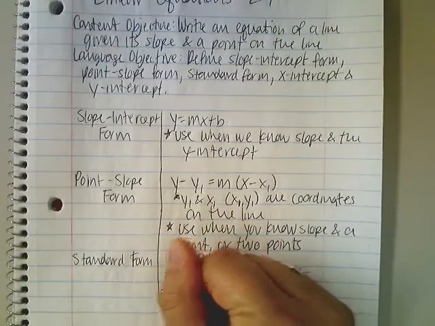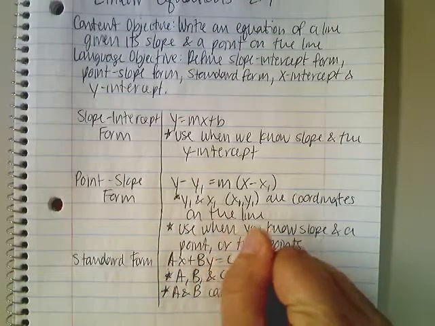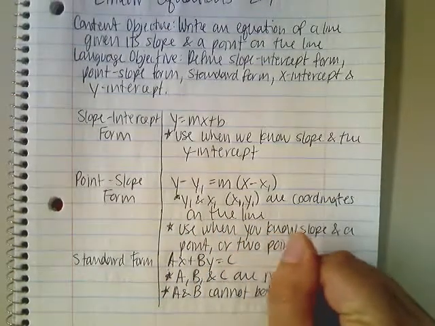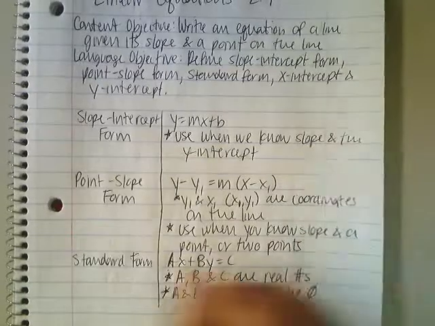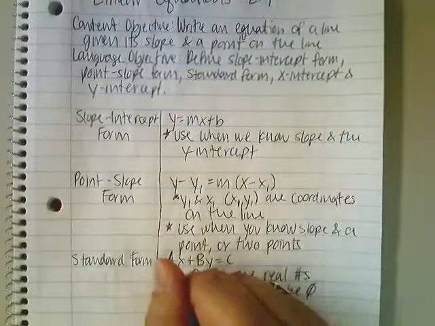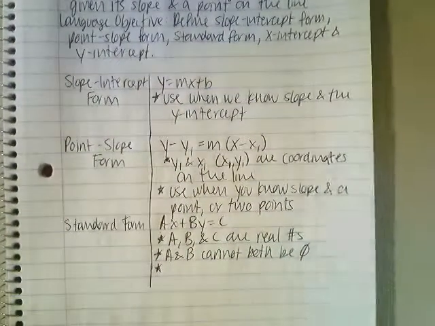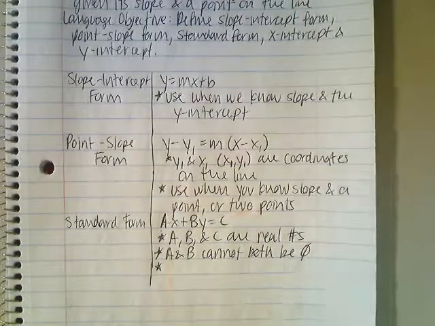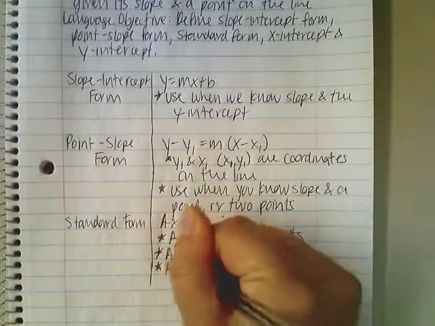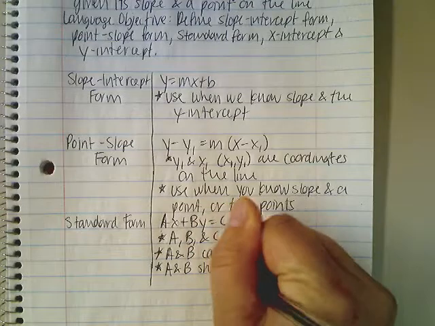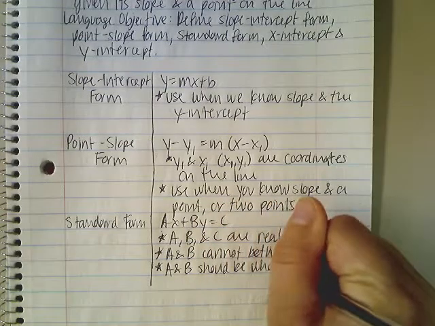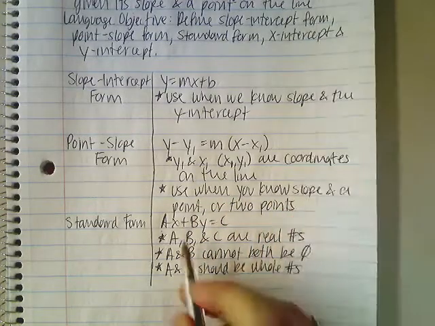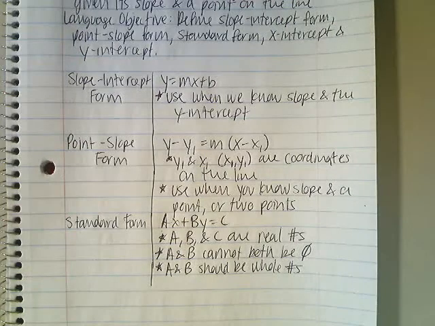A and b cannot both be 0. And conventionally, so your book doesn't emphasize this, but I'm going to make a note because I'm sure other teachers will tell you this down the line, a and b should be whole numbers. And a, if possible, should be positive.